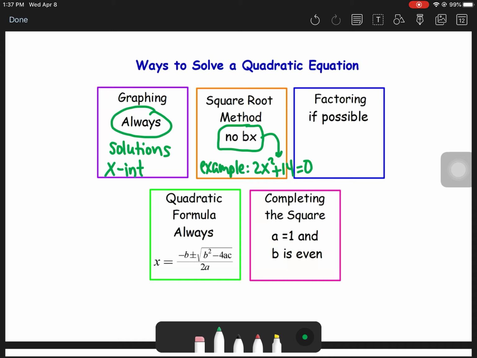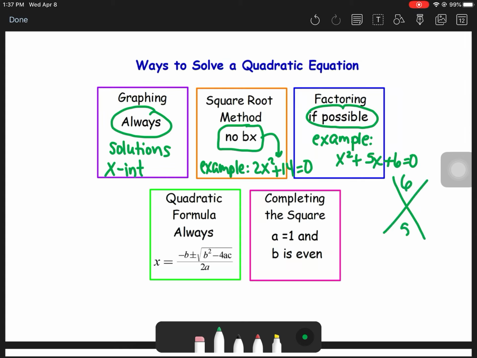So this other method that we've talked about is factoring, and factoring if it's possible. And we also want to remember that if the leading coefficient is 1, it makes it easily factorable. For example, if we have x squared plus 5x plus 6 equals 0, we can make our big X, and we can put 6 in the top and 5 in the bottom.